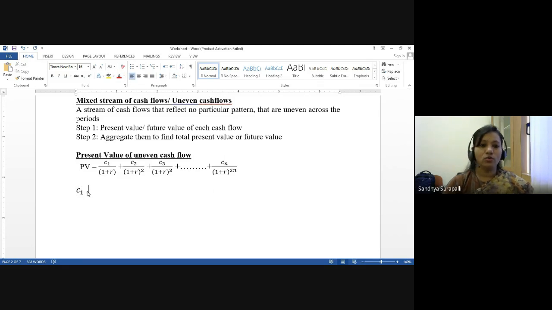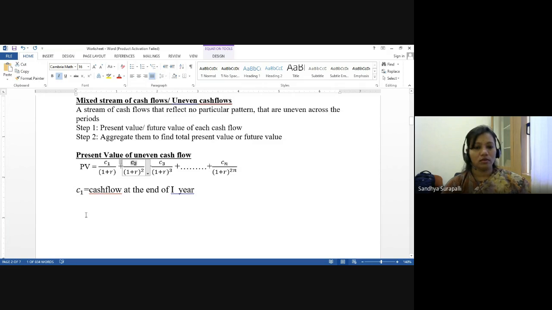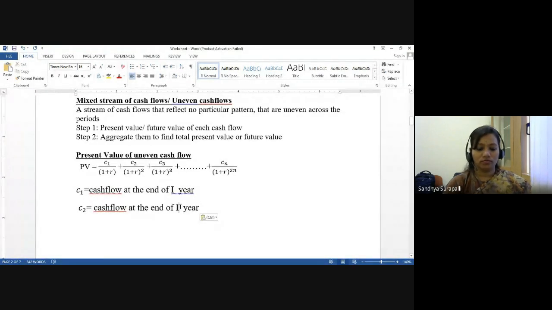Then C2 will be the cash flow at the end of the second year. Like that, however many years you have, those cash flows you will be taking.